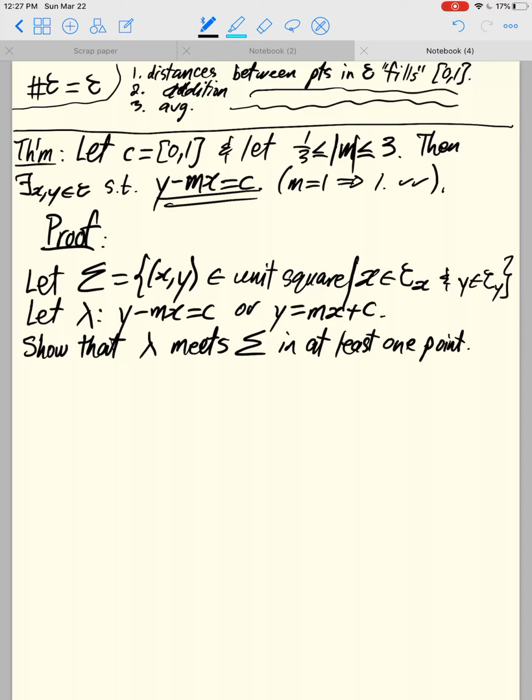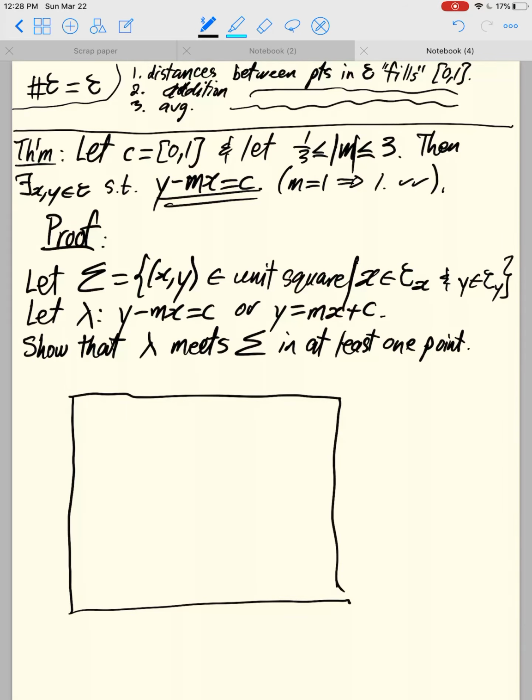So what we need to do next is draw our construction on the unit square. I will do that right here. Let's call this the unit square. Apologies for the messiness. This is y, this is x, 0. And we'll locate 1/3 and 2/3. We're going to construct the Cantor set on the x-axis and the y-axis simultaneously.